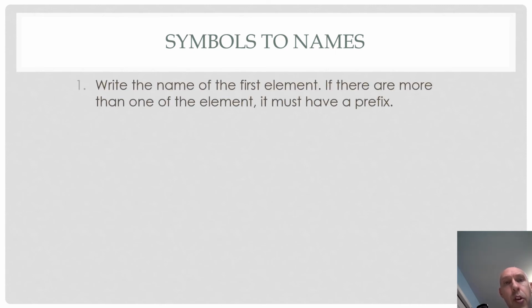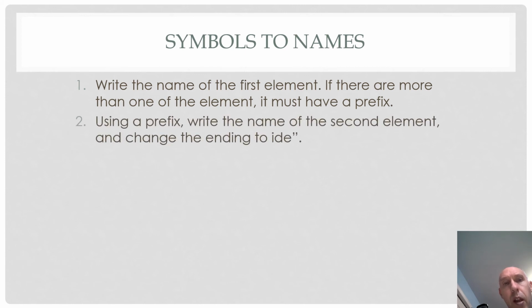Going from symbols to names, you're going to write the name of the first element, and if there was a subscript, you're going to give it a prefix representing how many atoms there are. The second element gets a prefix all the time, and you change the ending to IDE. PF3. So the first element, there's only one of them, so I simply record that it is phosphorus.